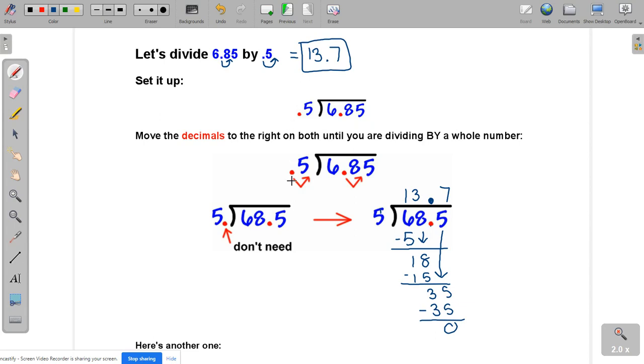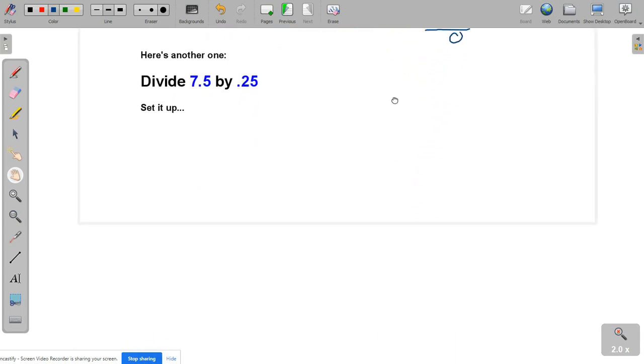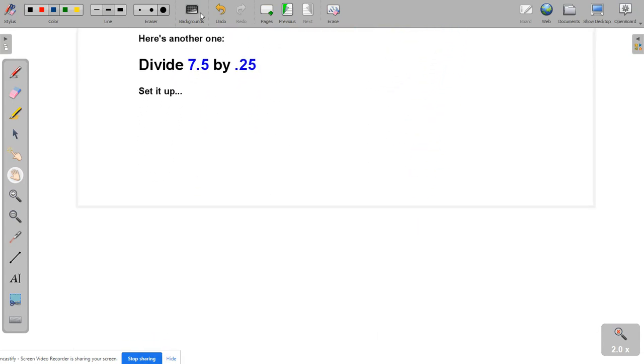So if we move the decimal in the beginning, the answer we get is our answer. We do not have to worry about the decimal anymore. So let's look at one more. We have 7.5 divided by 0.25. So this number here, we need to have as a whole number. So we have to move the decimal 2 places to the right.